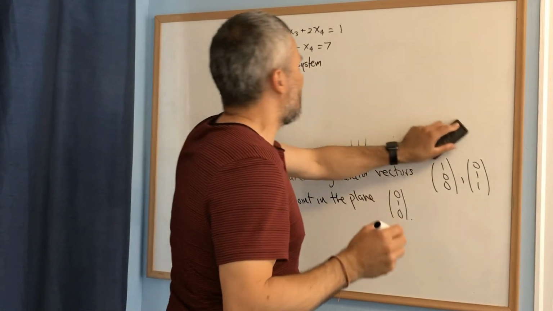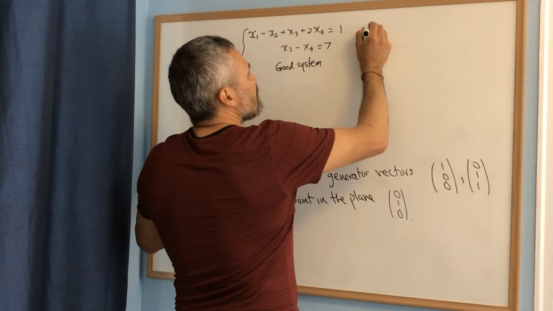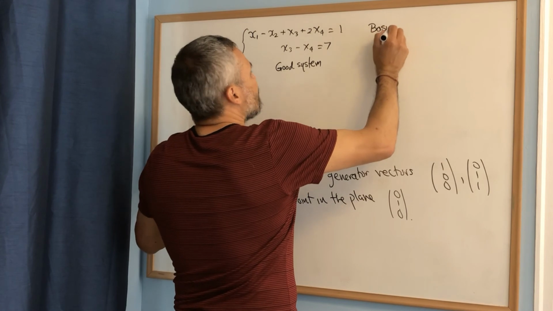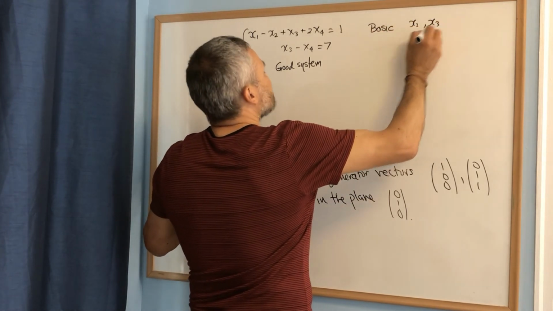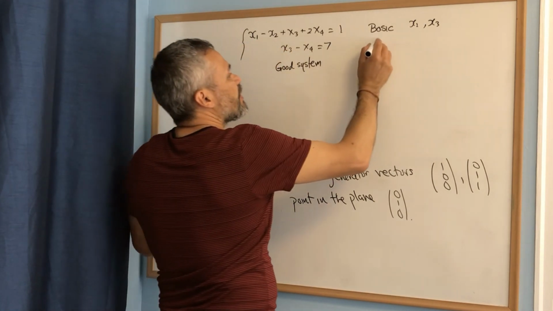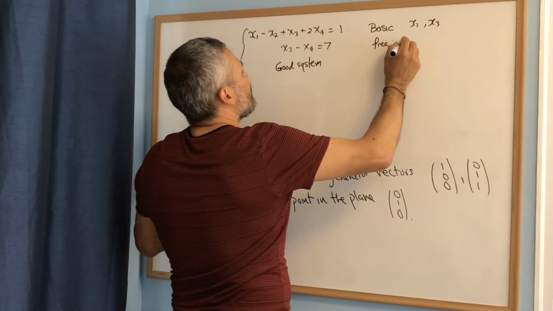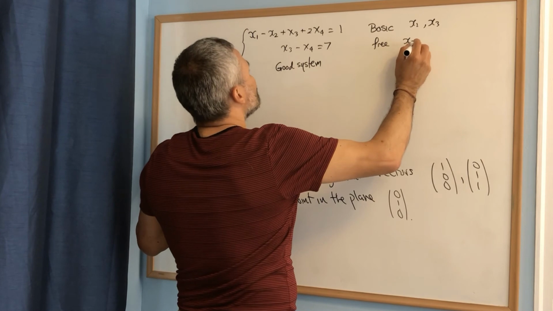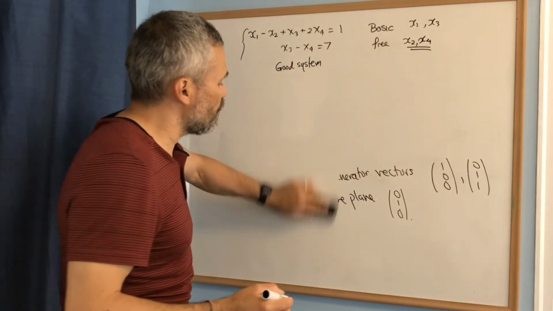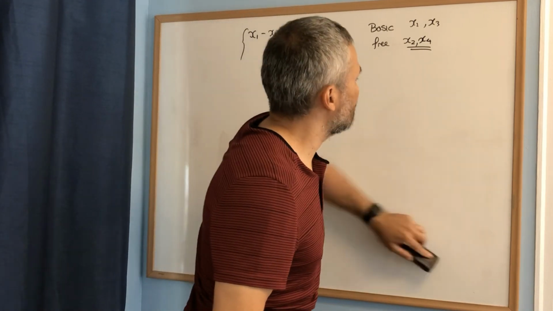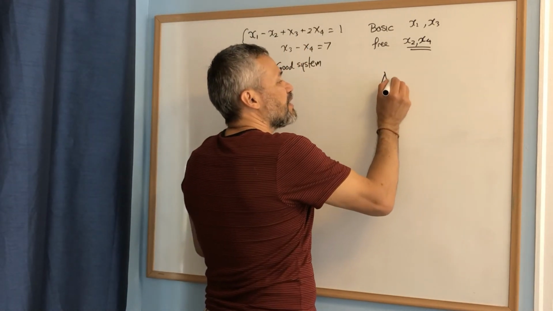And then we can decide what are the basic variables and free variables. We have that the basic variables are x1 and x3, and the free variables would be x2 and x4.